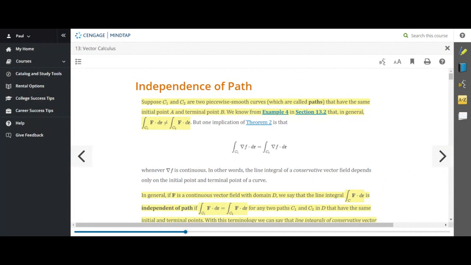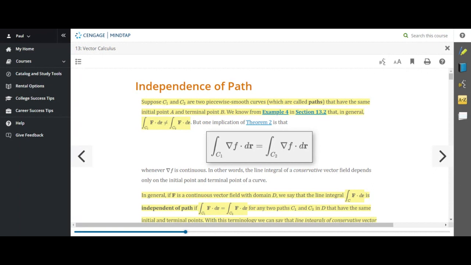However, if your vector field is the gradient function, then those line integrals would be equal, because the 2 paths, even though they could look like different paths, start from the same beginning point and end at the same ending point. And by the fundamental theorem of line integrals, the line integral itself is computed just by taking the difference of those endpoints when they're evaluated in the function.